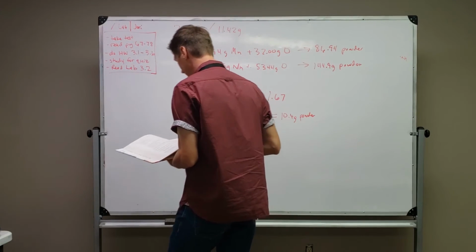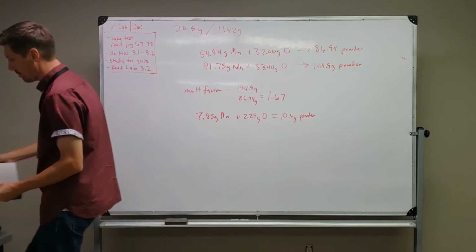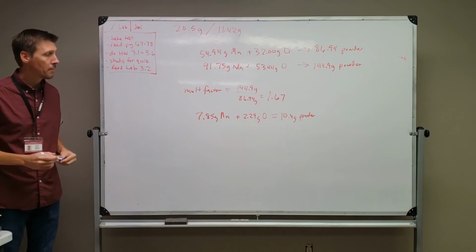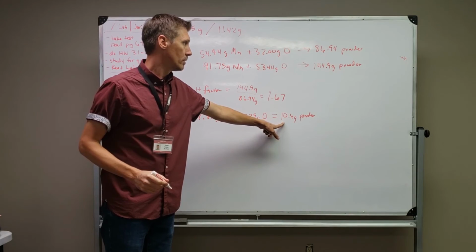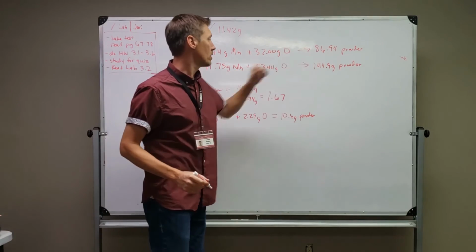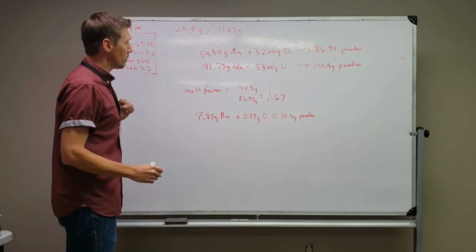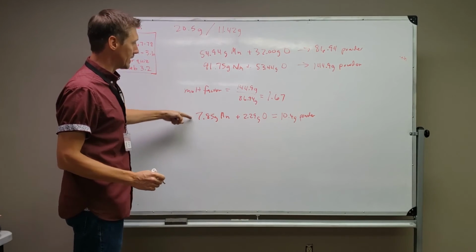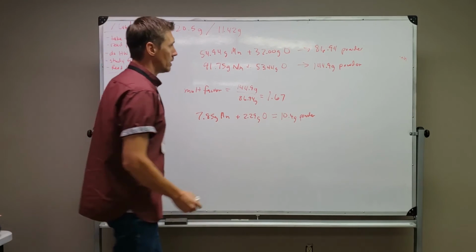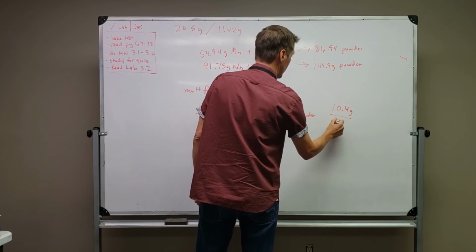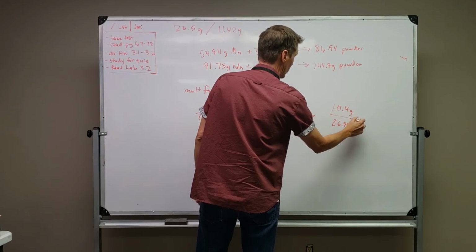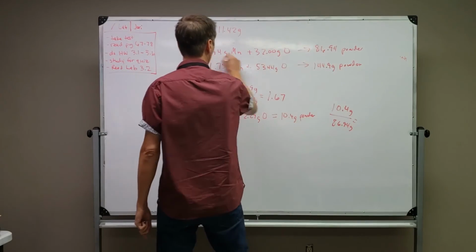So the question is, is it the same powder as in problem number 7? Well, if it is, then we should be able to take the ratio of this to our original one and then multiply that by our original recipe and get these numbers. So let's see. So the ratio of 10.4 grams to 86.94 grams, which is what our original recipe was.